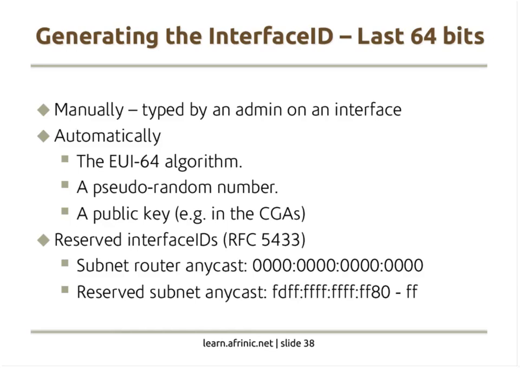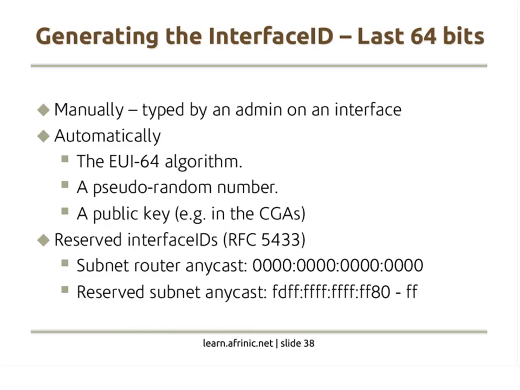First of all, before I talk about the address types, it's important to understand how those last 64 bits will be generated by your device. As I mentioned, you can do it manually, where you manually configure the last 64 bits of the IPv6 address on the machine you're working on. You can do it automatically using the EUI-64 algorithm, a pseudo-random number, or a public key calculated by the system as well.